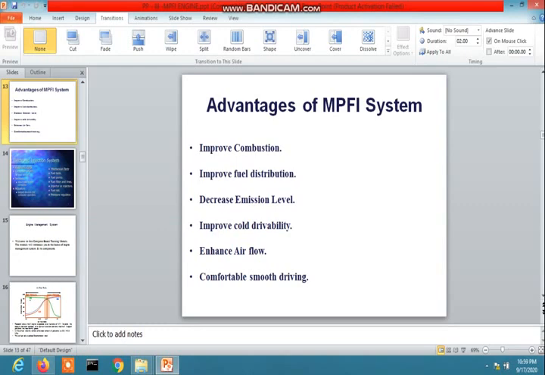If the stoichiometric ratio is maintained, there is proper burning, so emissions also decrease, and it also improves cold drivability.